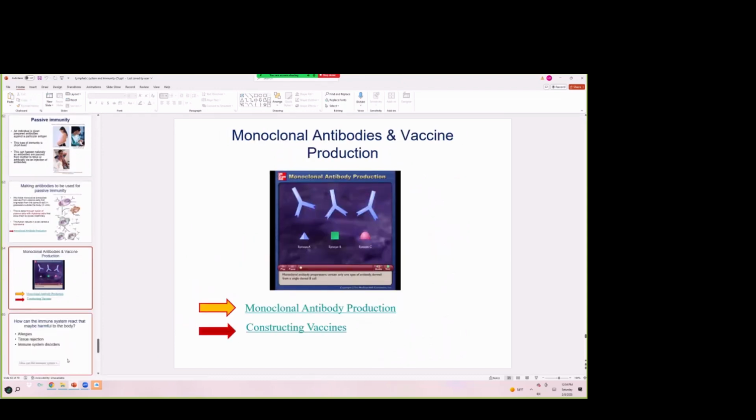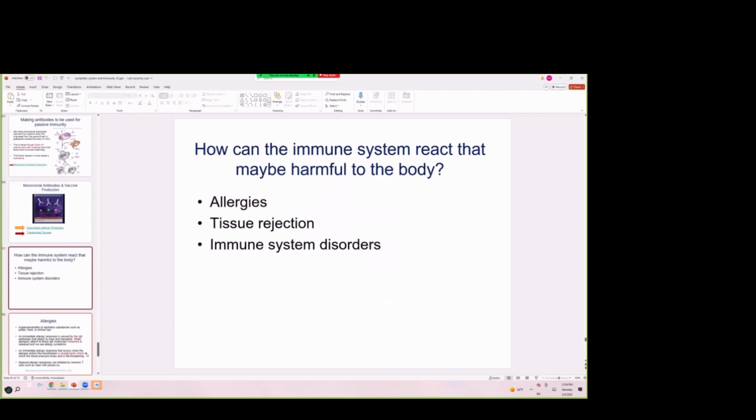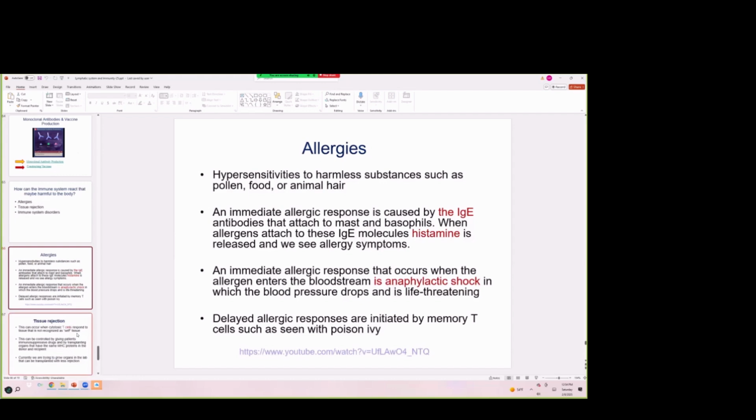How can the immune system react in a way that can be harmful to us? Allergies, tissue rejection, and immune disorders. For allergies, things that normally would not cause any harm to us, for some reason our immune system cells think, oh, this is something that is going to cause problems.